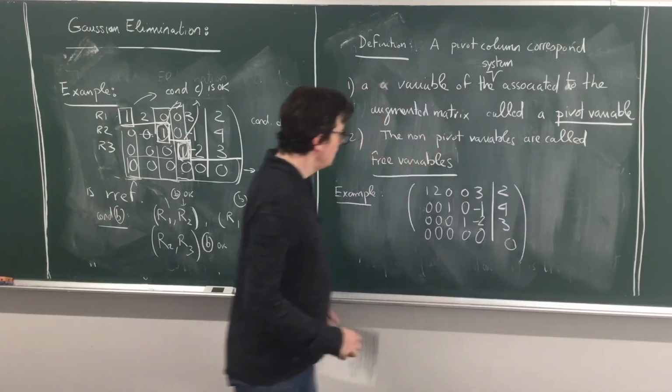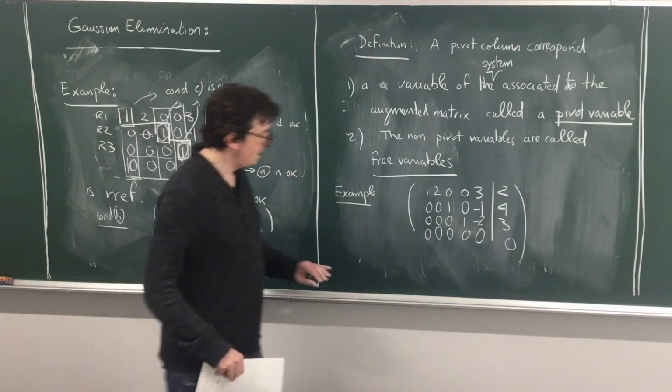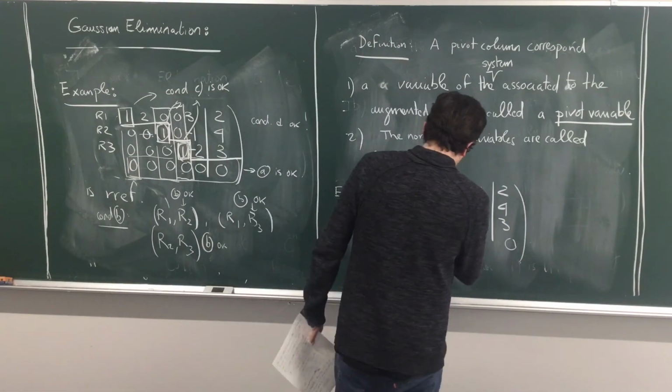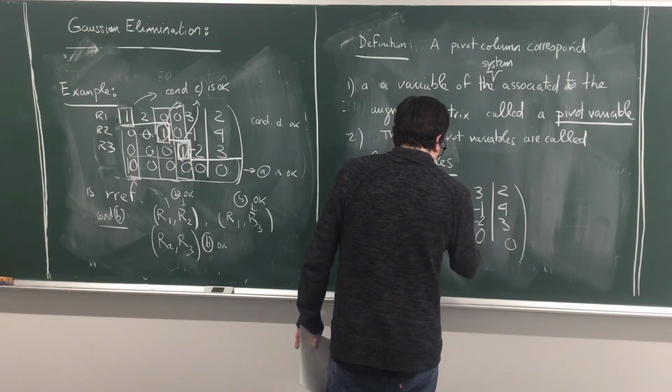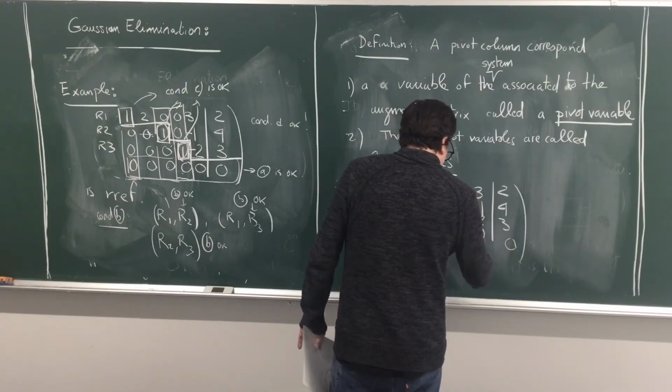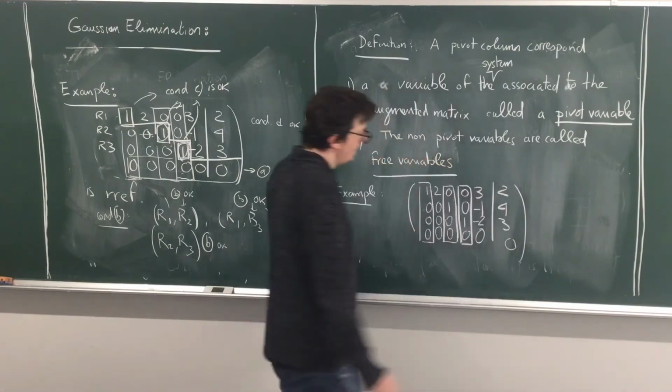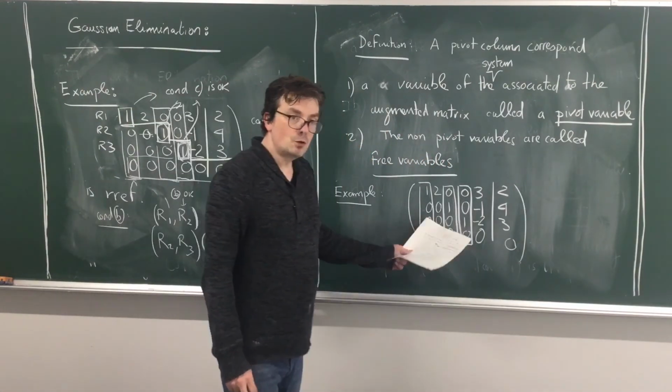Okay. So this is the same. It's RREF, and we have seen that the pivot columns are here.